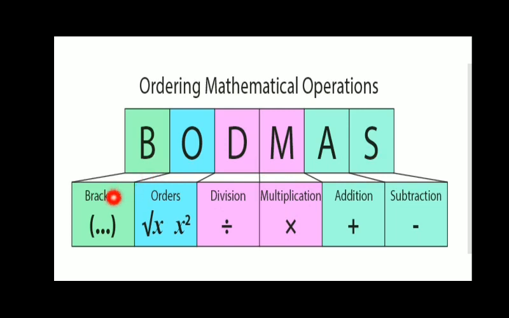Then if you have more than one pair of brackets, then the innermost pair of brackets should be solved first. O means order, that is your exponents or power. For example, 3 square, 5 square, x square, etc. D is division, M is multiplication, A is addition, and S is subtraction.